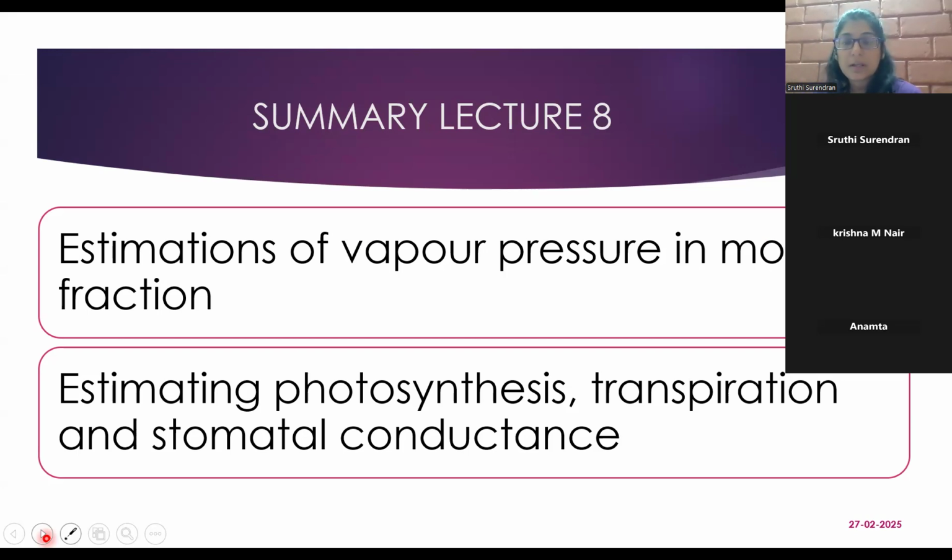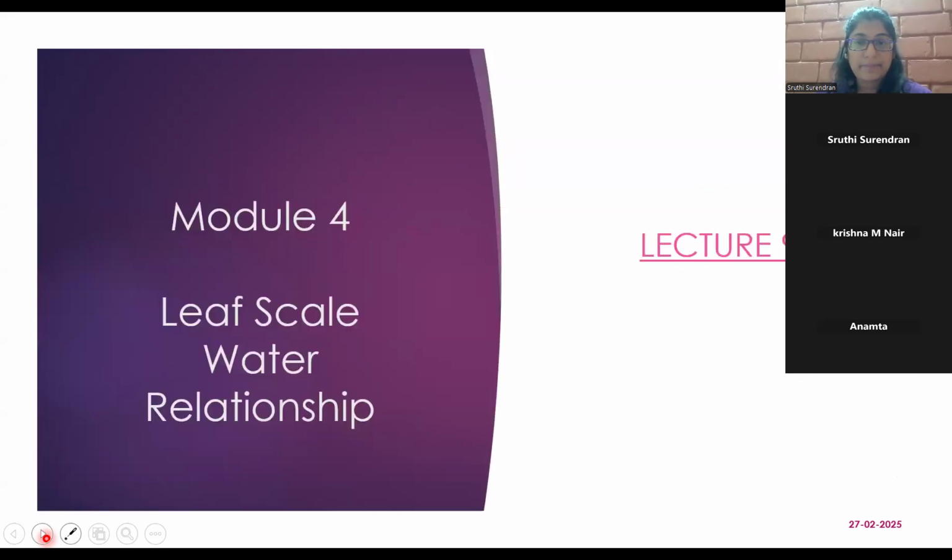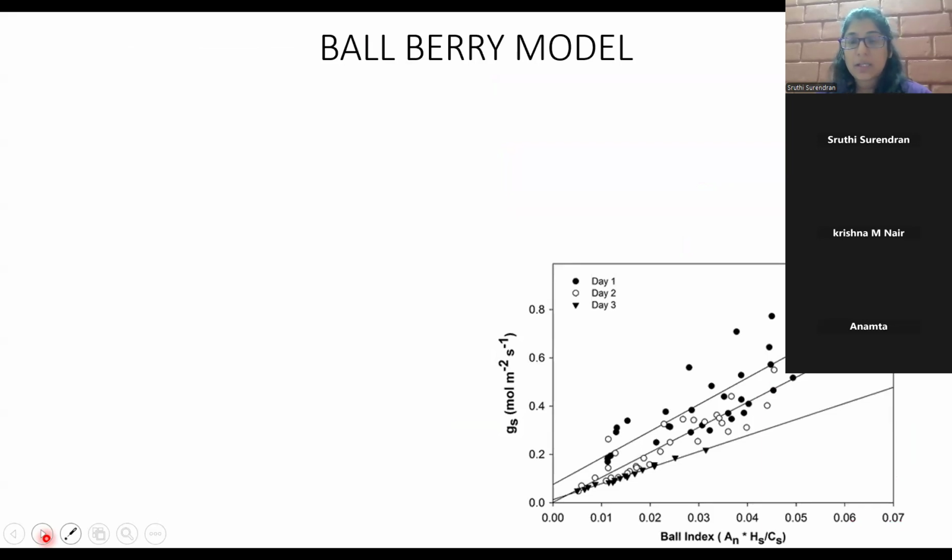So those problems will definitely help you in understanding how you can make use of these data when you need to apply it in terms of plant physiology, modeling of plants basically, and modeling these processes more importantly. So today we'll be looking at this model called the Ball-Berry model.